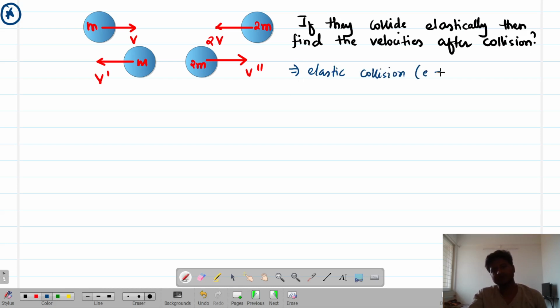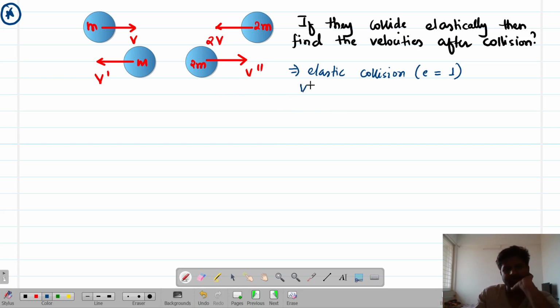So you know that when there is an elastic collision, e is equal to how much? 1, isn't it? Now, if e is equal to 1, then you have the relation with velocity of approach. Let us make our same convention: right side as positive.